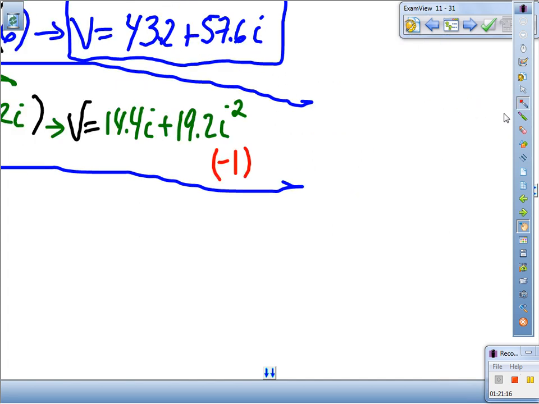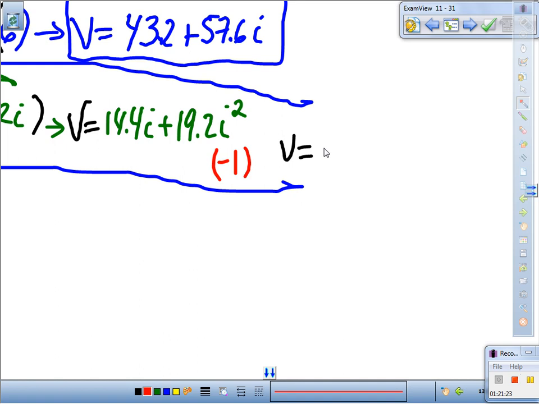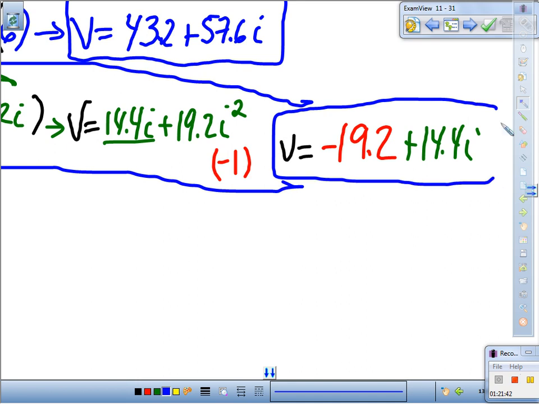So we end up with voltage equals, what is -1 times 19.2? -19.2, and then at the end we write plus 14.4I, which is this. Yes? Yes. That's fine.